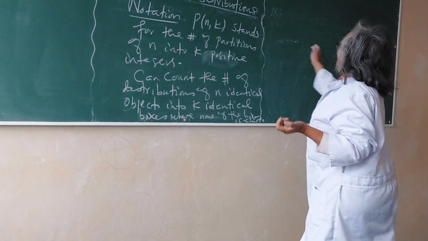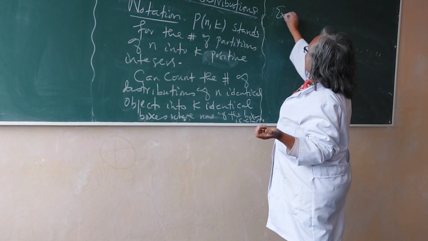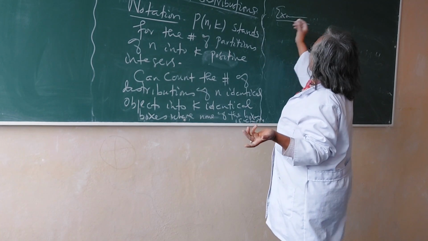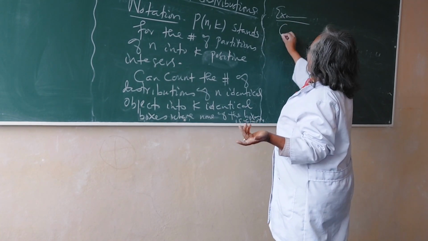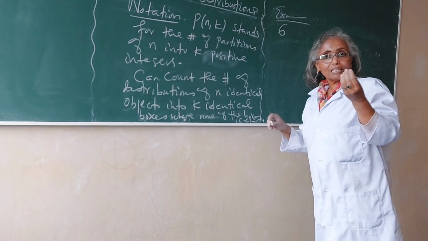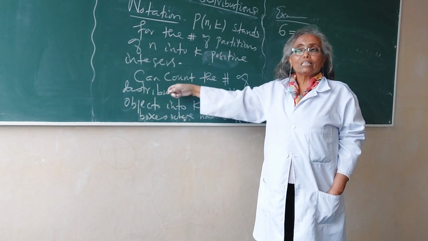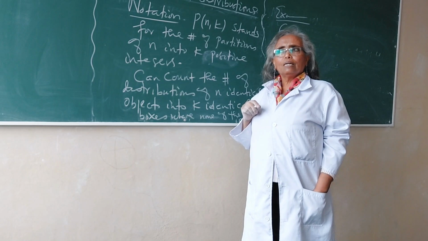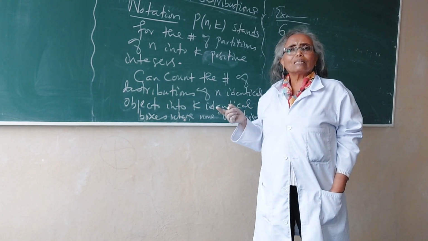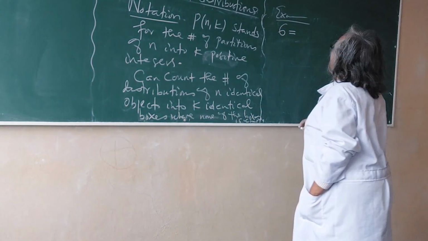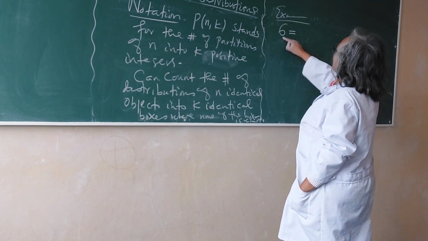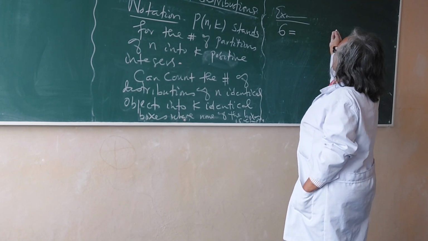So what do we do? Let's go back to our example of 6. Now, let me ignore the definition of partitions, or the fact that 0 is not a part of such a partition.